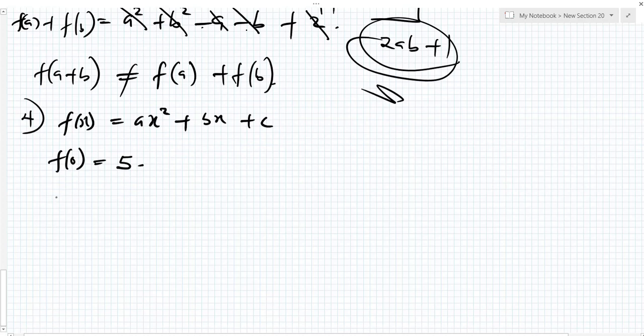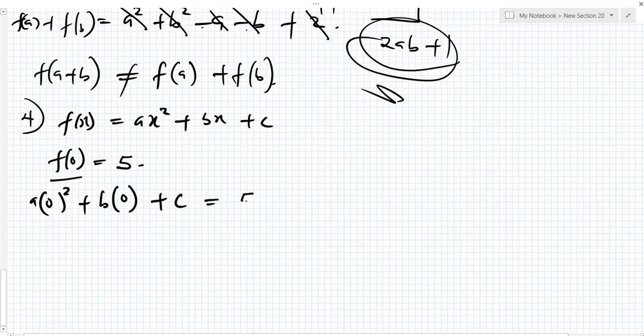Now f of 0 is something else. Anywhere I see x, I replace it with 0. So it's a times 0 squared plus b times 0 plus c, which is equal to 5.